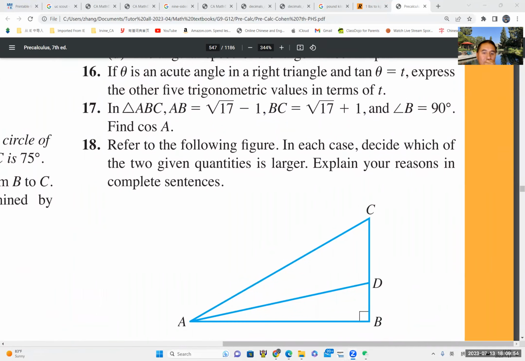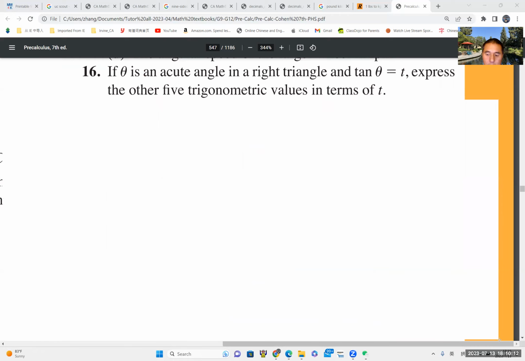If theta is an acute angle in a right triangle and tangent theta equal to t, express the other trigonometric functions in terms of t. So this is an acute angle. We can do it in a right triangle, right?